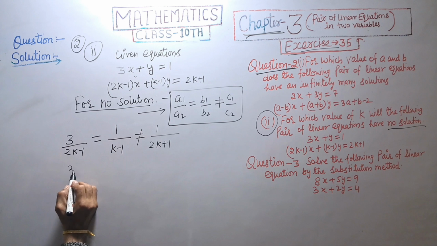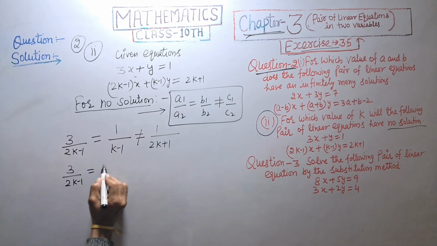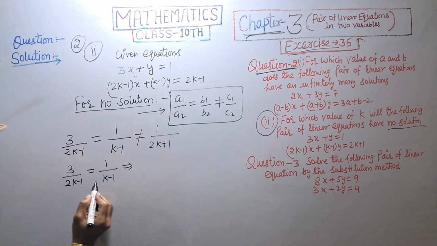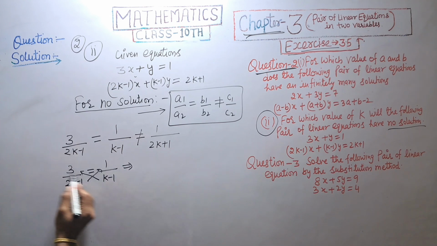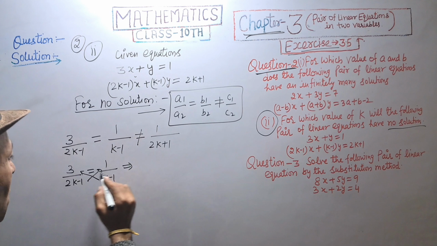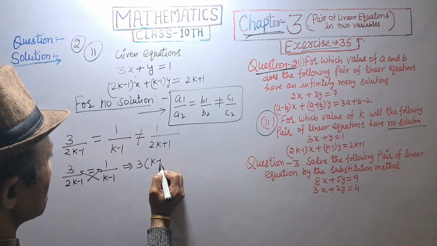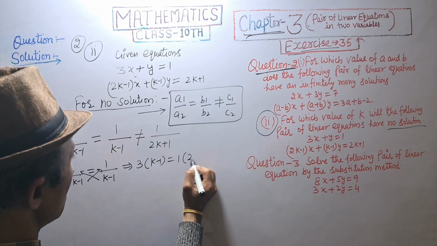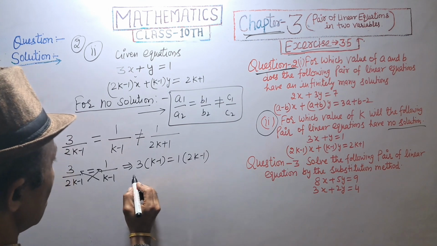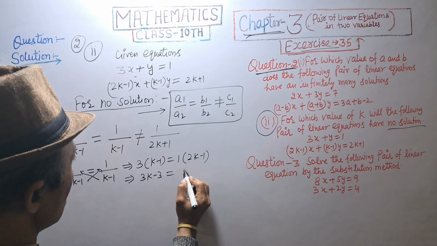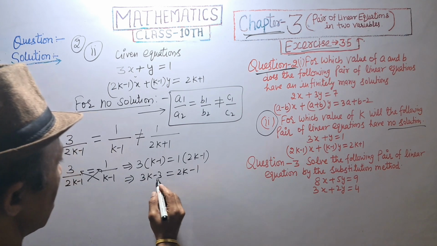First taking the first two, 3 upon 2k minus 1 is equal to 1 upon k minus 1. This implies k minus 1 multiplied by 3 and 2k minus 1 multiplied by 1. 3 into k minus 1 is equal to 1 into 2k minus 1. This implies 3k minus 3 is equal to 2k minus 1.